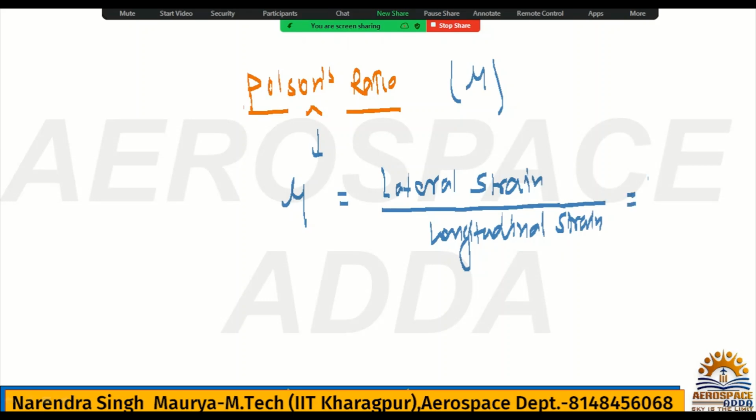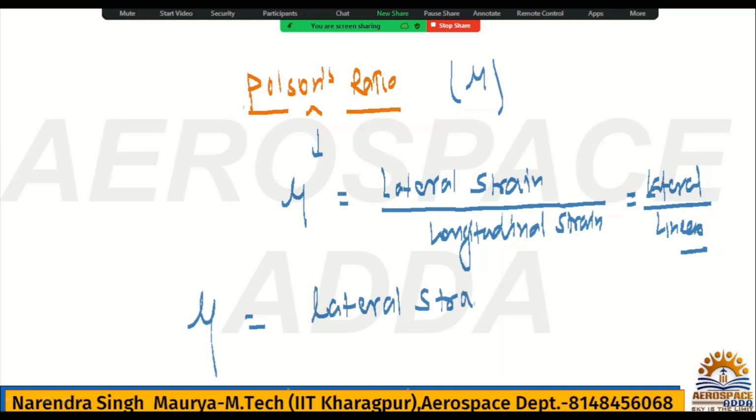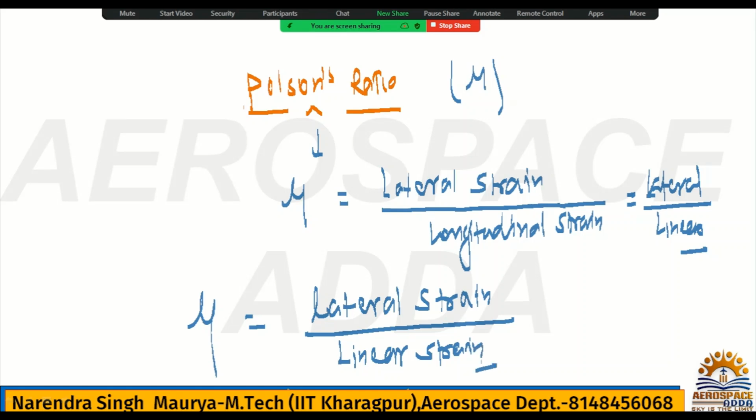In a few books, mu is also given as lateral strain divided by linear strain. Always remember longitudinal is the linear strain.